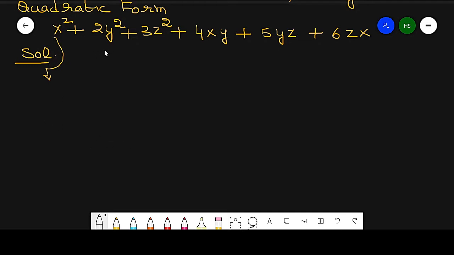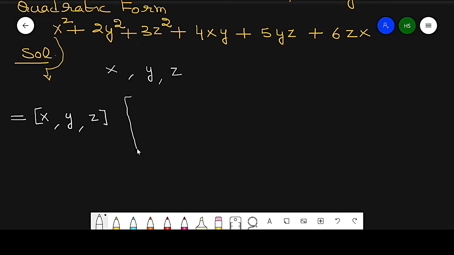Just understand, we have three variables, so this is treated x, y and z. If we have three variables, we have the matrix in three variables x, y and z.